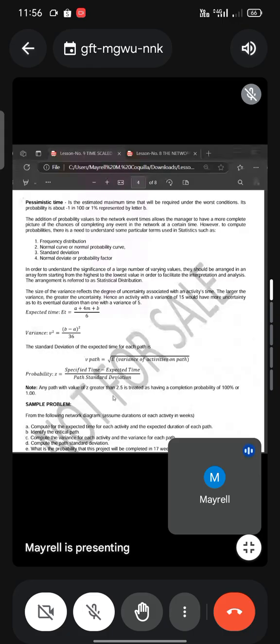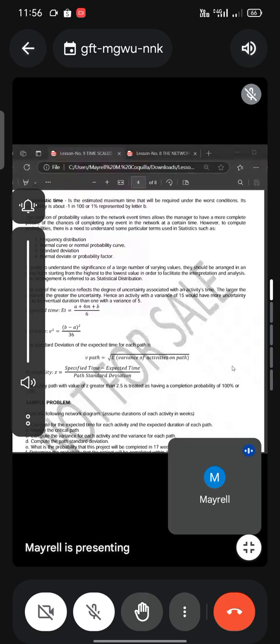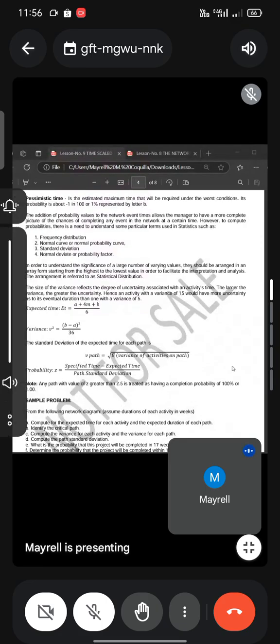Ilahang mga value is already something like 0.99. So, you can round off that to 1 or 100% na siya. So, that's the note here. Okay, so we have an example problem.